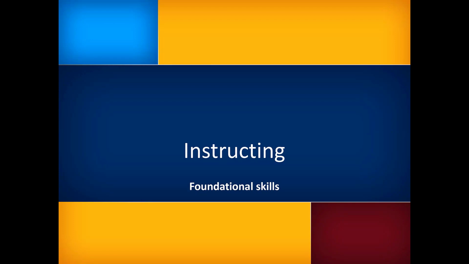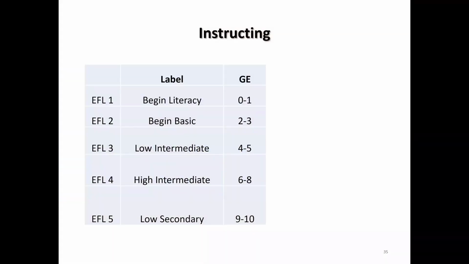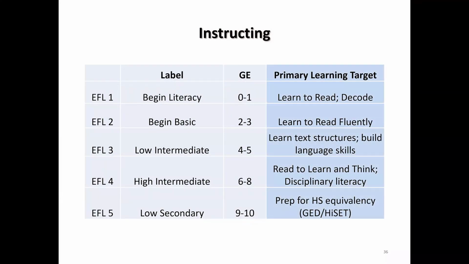So I'd like to now move on to the instructing part. Again, going back to our levels look, I've given rough targets to where I think the primary focus of instruction should be, given the primary level of the student.